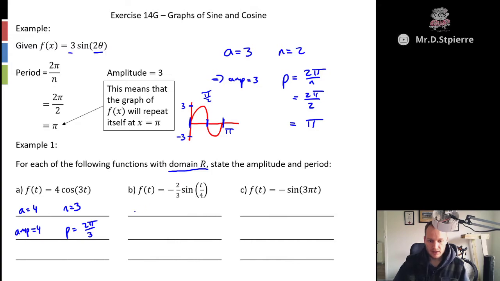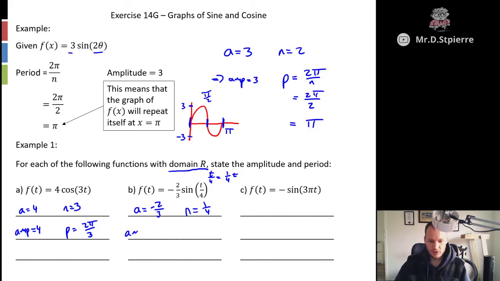Okay, in this case, for B, f of t equals negative 2 on 3 sine t on 4. Well, in this case, a is equal to negative 2/3, and n is equal to a quarter, because this t on 4 is actually 1/4 times t, so our n value is a quarter.